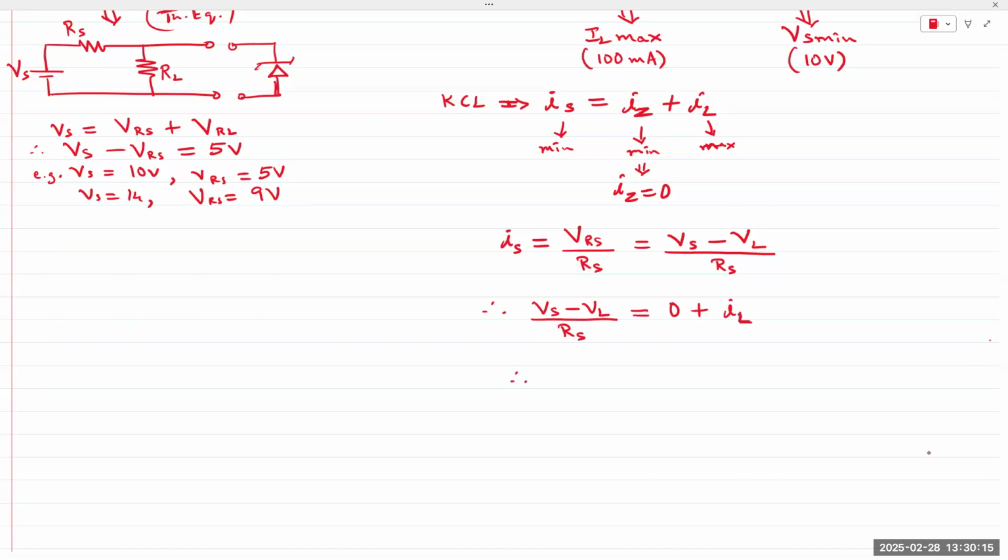And this gives me Vs minus VL over Rs is equal to IL.